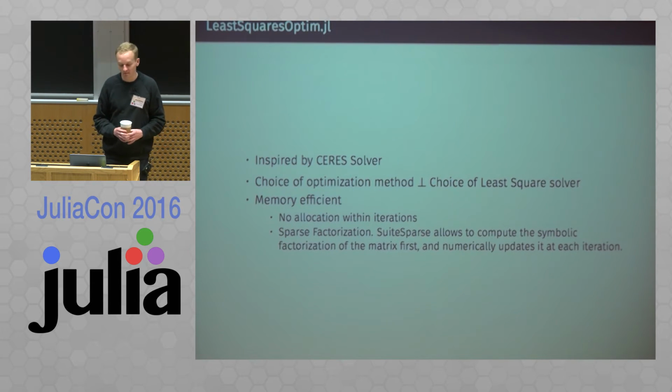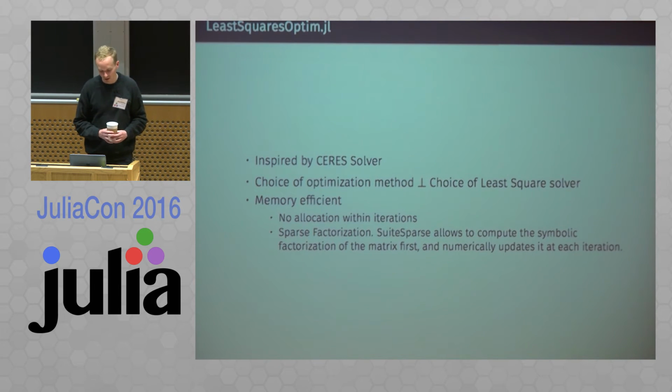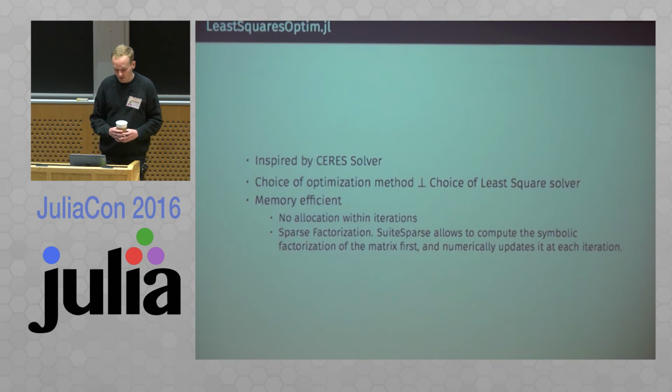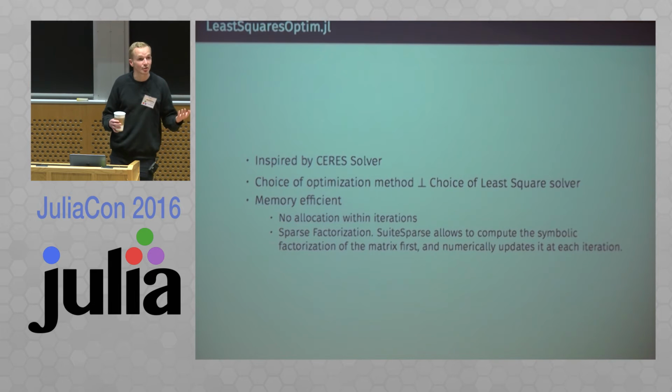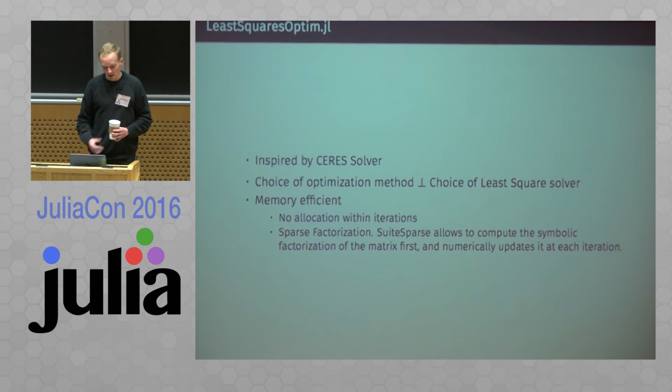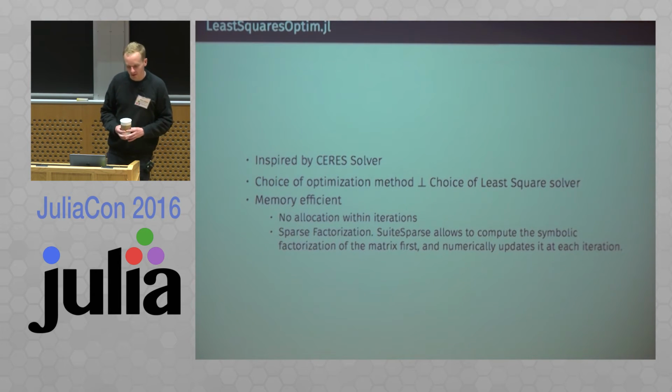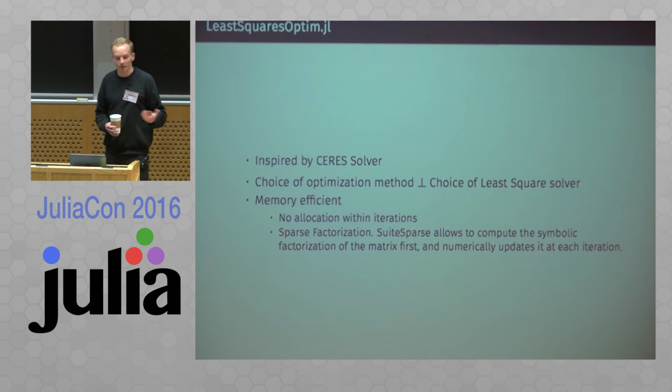I don't know who knows why they use nonlinear least squares optimization, but apparently they use it a lot. So there is Ceres solver for C++, and this is basically the Julia equivalent. A nice thing about the LeastSquaresOptim package is that it's very memory efficient.